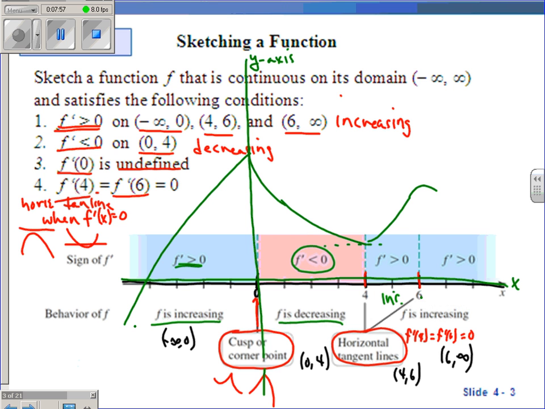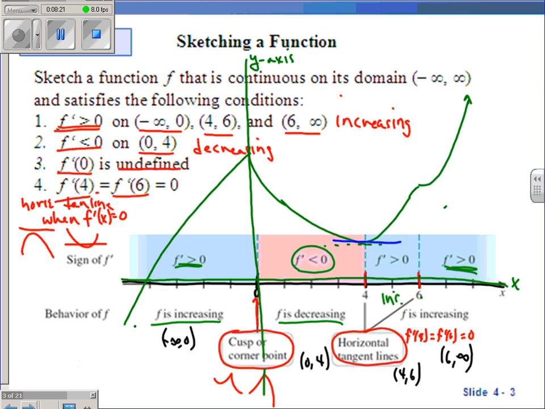I don't know unless they tell me. And then it's still increasing after that, so I can't have it come down. It was increasing until it got to 6, but it's going to continue to increase. So let's keep it going upward. Okay, so my graph's going to look something like this.